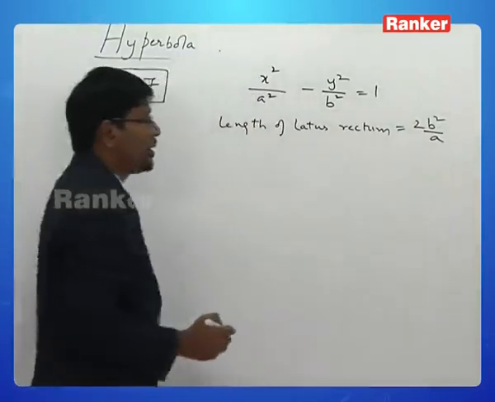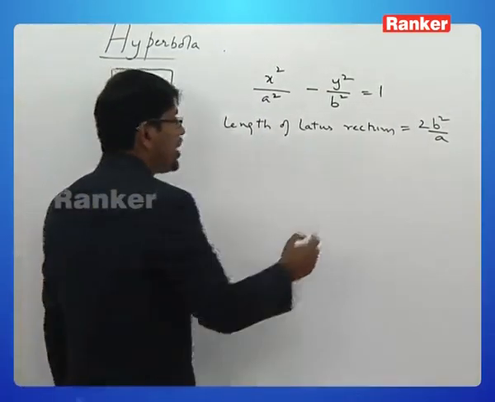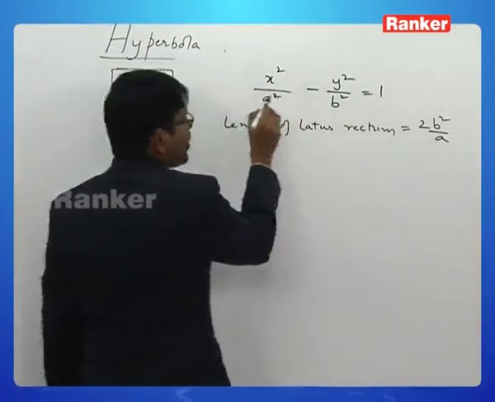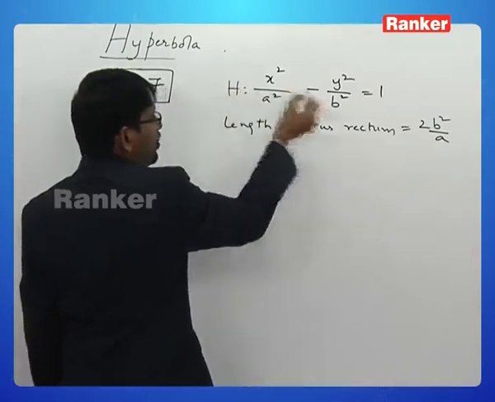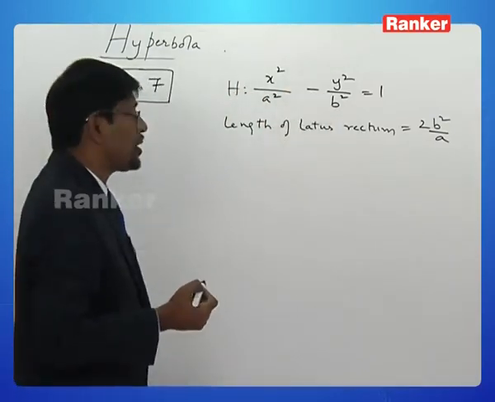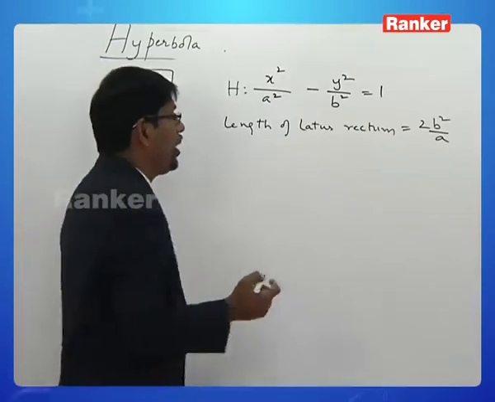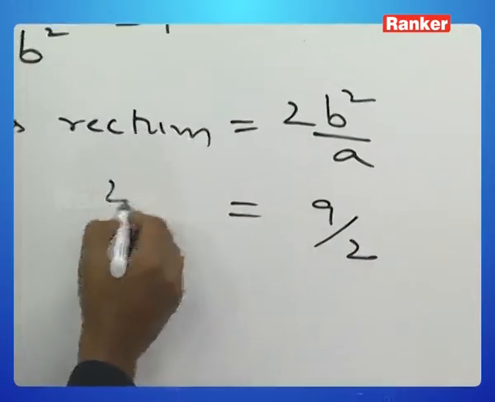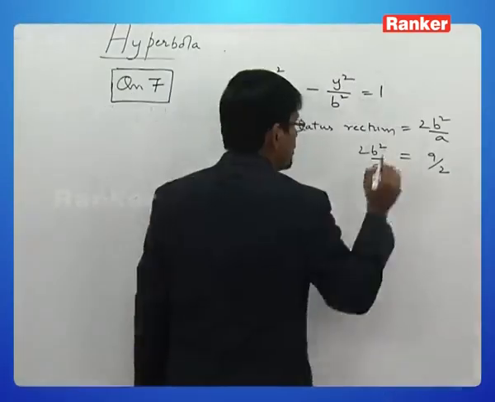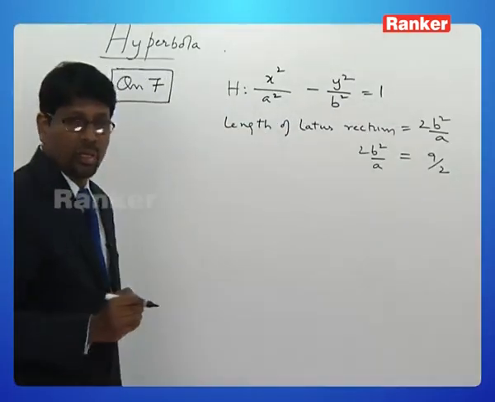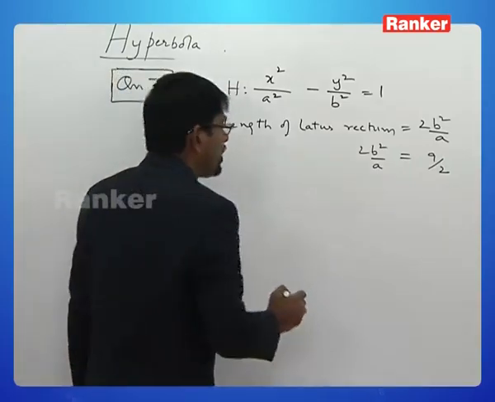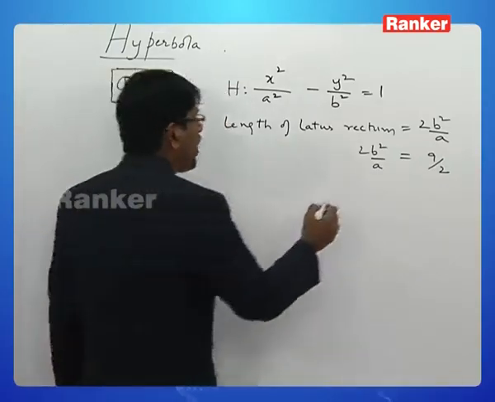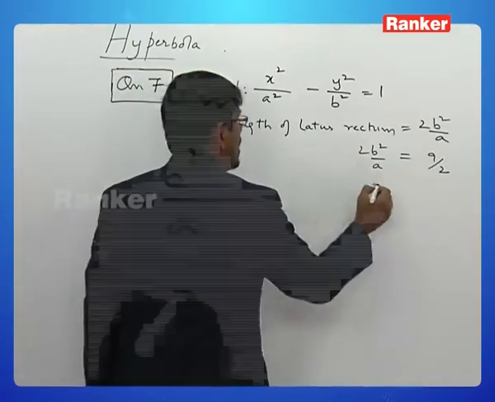So this has to be memorized. For this hyperbola, the length of the latus rectum is 2b square by a, and that in our problem is 9 by 2. So 2b square by a is 9 by 2. And then e is given to be 5 by 4.